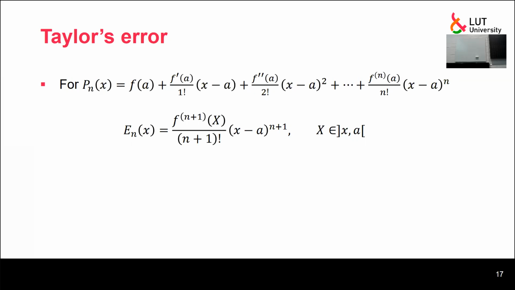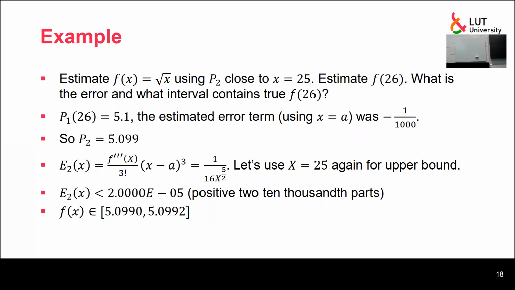And again, this capital X is some value in this estimation interval. And this does have a sign, so when you add the error term to your estimation, you get an interval where the true value must be.